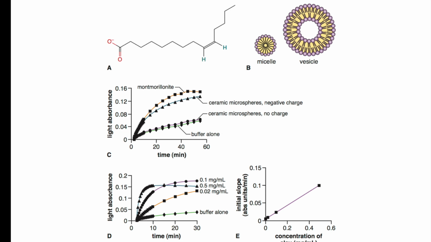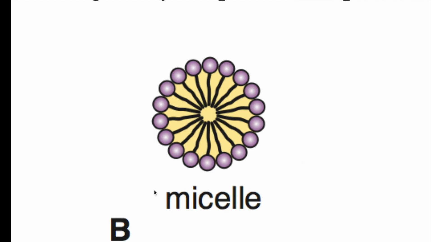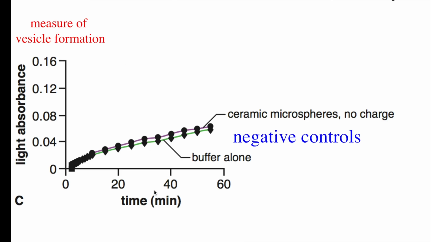So these aren't enzymes. These are just vesicles and clay, but they're sort of acting like enzymes. If we look at this closely again, here's our amphipathic molecule, with a hydrophilic, water-loving part and a hydrophobic, water-hating part. They can form one layer or two layers, like in a vesicle.